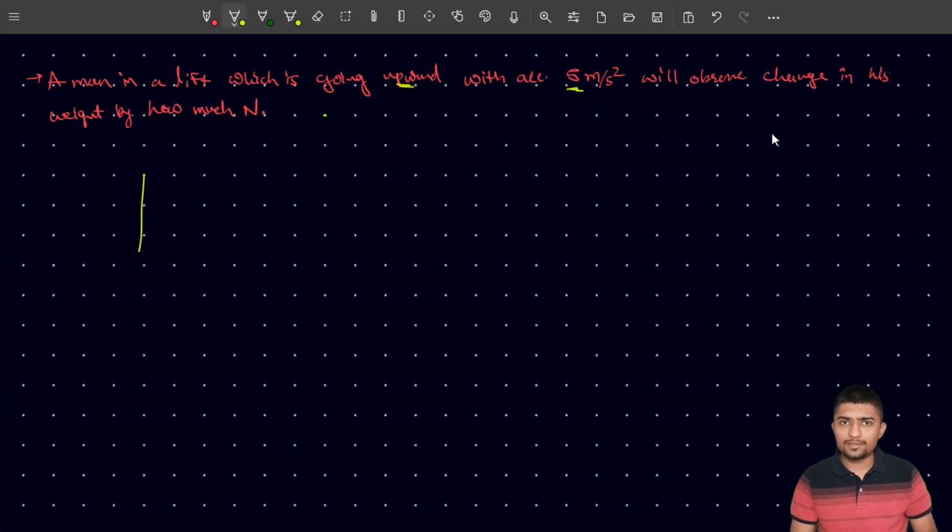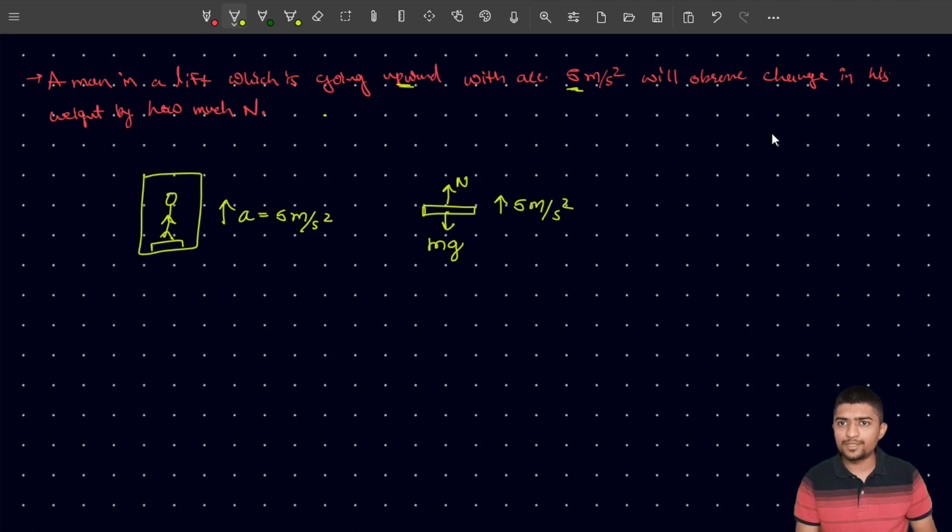So let's make a clear picture of it. Lift is going up with the acceleration of 5 meter per second square. Let's make a free body diagram. Person has a weight, let's say mg. The normal force is upward and acceleration is 5 meter per second square.